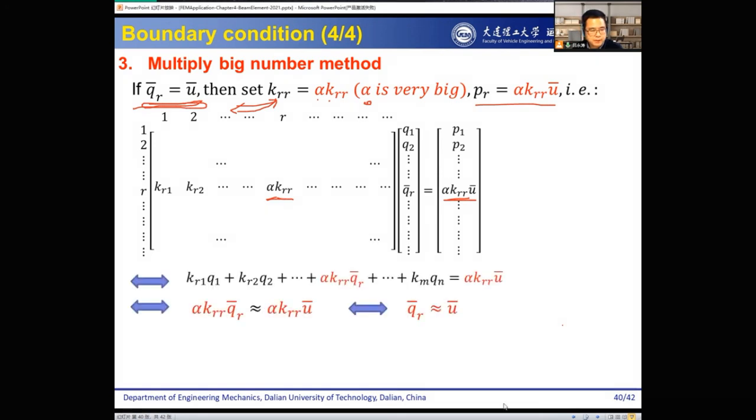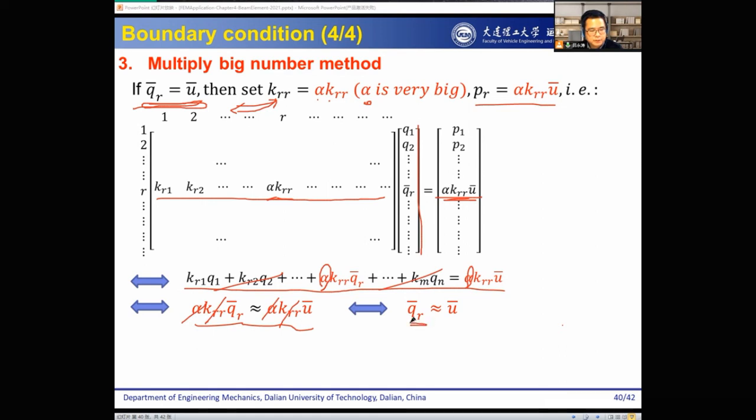So let's have a look. Similarly, we do the matrix operation, this one times this column equals this one. This is the mathematics. In this equation, alpha is a very big value compared to other parameters, which means we can ignore those terms. When we ignore those terms, we have this equation, and we can eliminate KRR, and alpha is also eliminated.